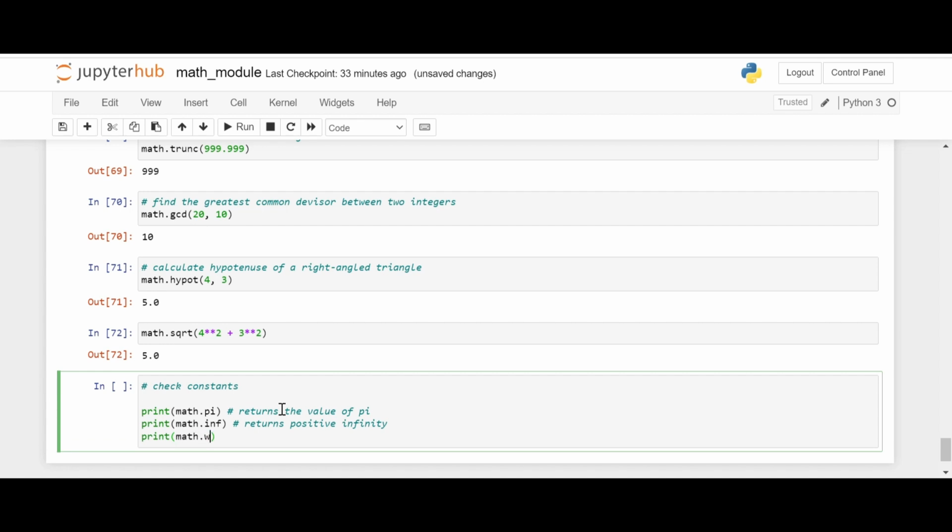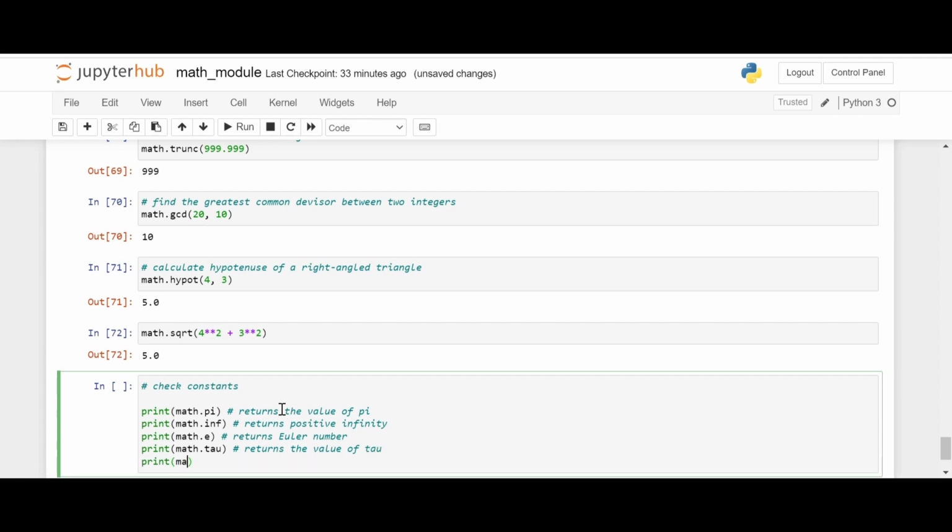Math.e returns the Euler number. Sorry, not exponential, this is the Euler number. And this returns the value of tau.